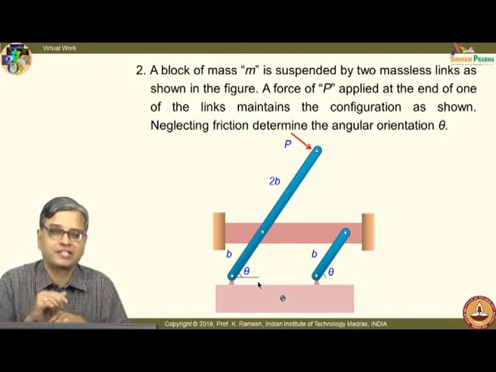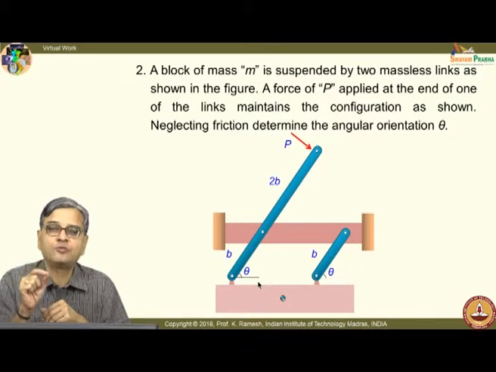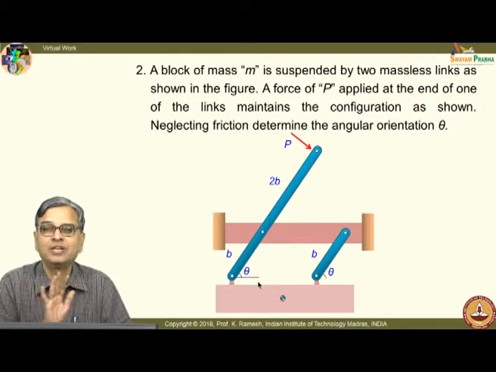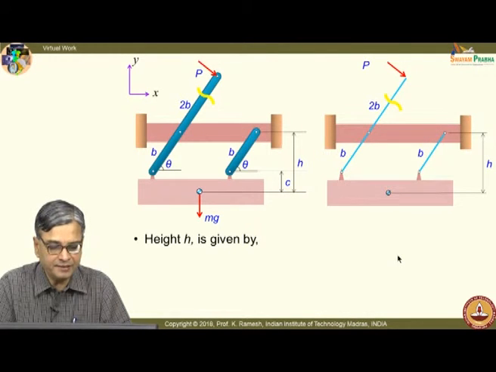Draw the displaced sketch, and investigate while writing delta W equal to 0 whether it is contributing positive work or negative work. At that time, you apply the sign appropriately, then you will never make a mistake. So, with that perspective, this problem will become very simple.